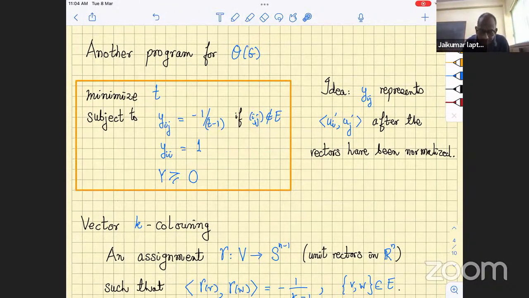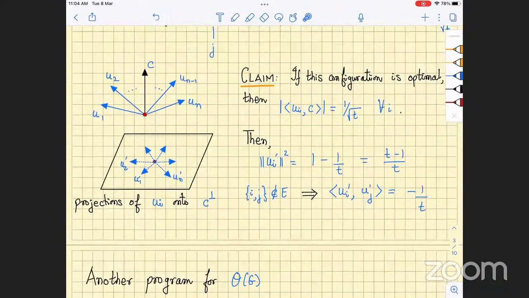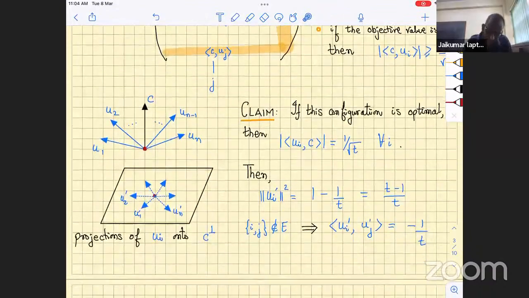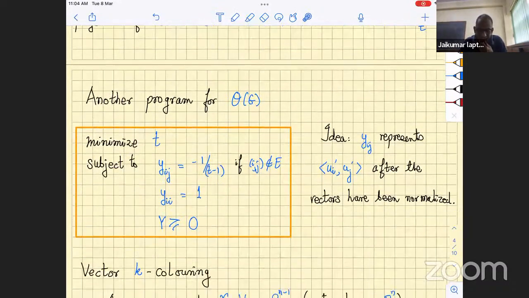And you could have asked, where did this semi-definite program come from? You say, I don't care. When the graph is 3 colorable, it does provide me a vector 3 coloring. And you could have proceeded from here. But this particular coloring is closely related to the theta function. So what I should say is the vector colorability of a graph and the theta function are the same thing.